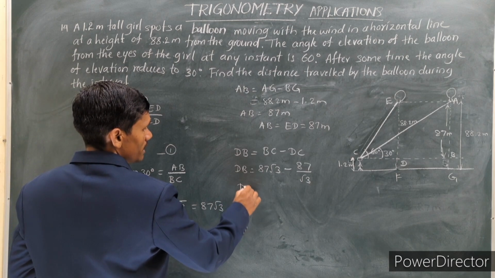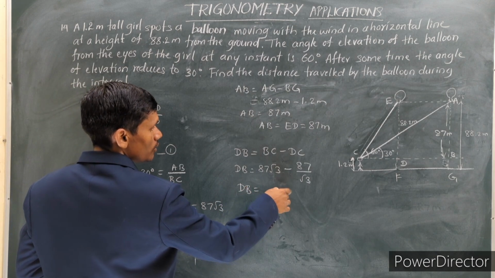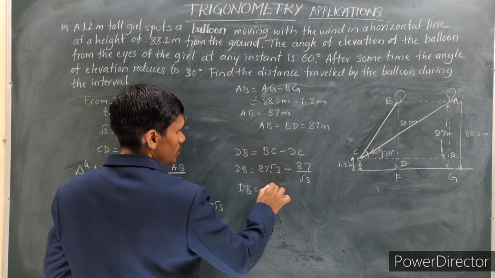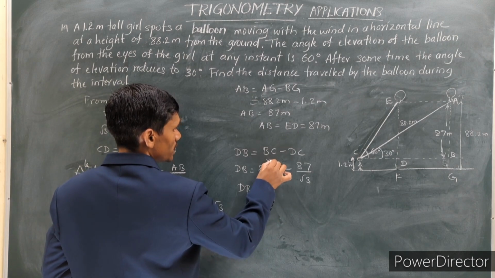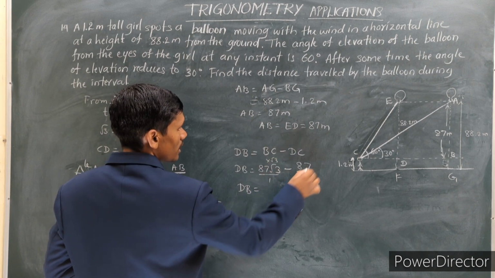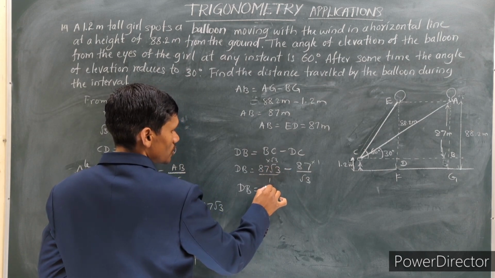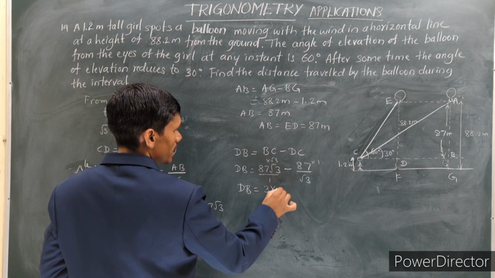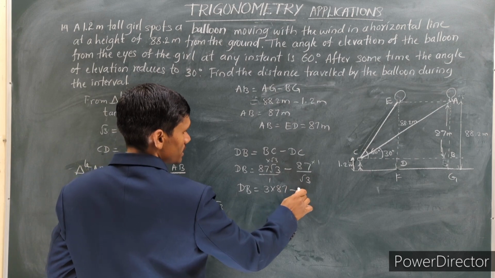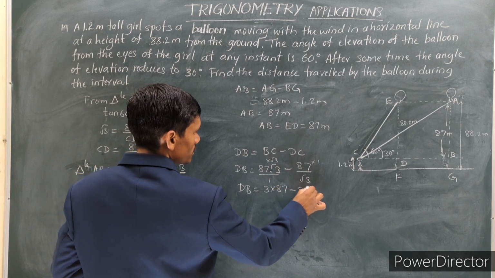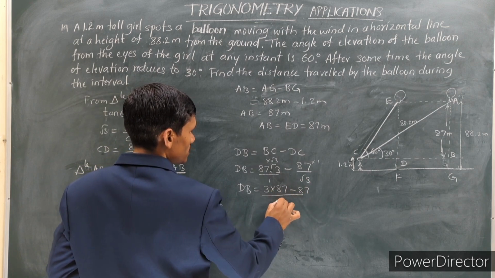Now dB equal to, you need to take LCM. Root 3 into 87 root 3, so root 3 gets cancelled, what you are getting is 3 into 87 minus 87 divided by root 3.